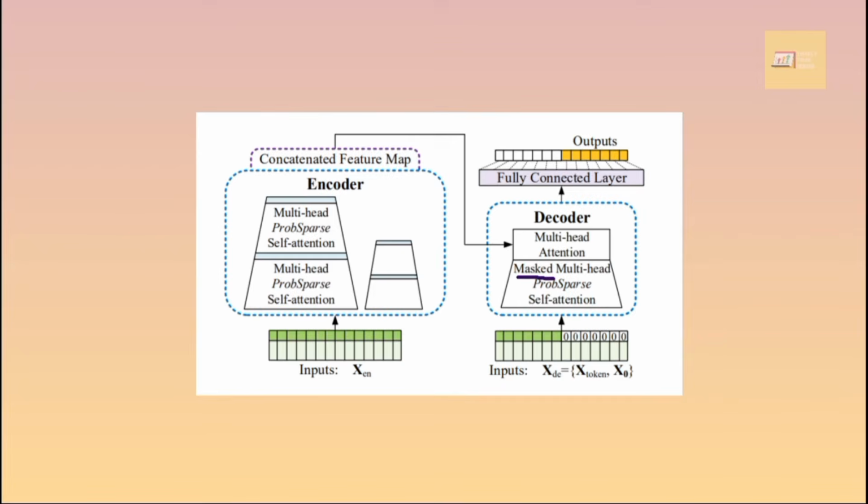In other words, the Informer model wants to avoid autoregression. Lastly, the output of the decoder is fed into the fully connected layer before generating the output. The output could be a univariate or multivariate time series, depending on our application.